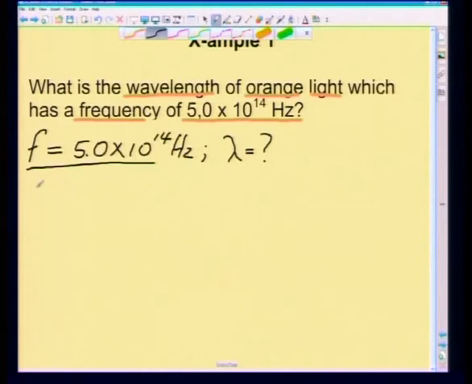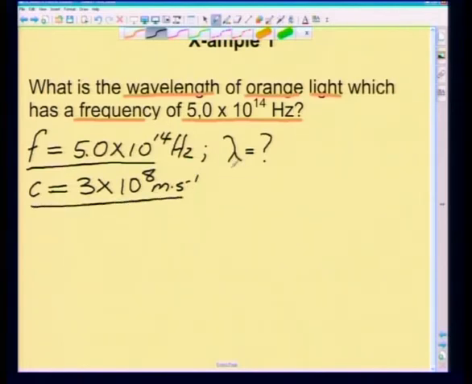So you need to know that although it is not cited in the information here, C is a constant. This is the velocity of electromagnetic radiation. It's given as 3 by 10 to the power 8 meters per second. Okay? So that is also given to us.